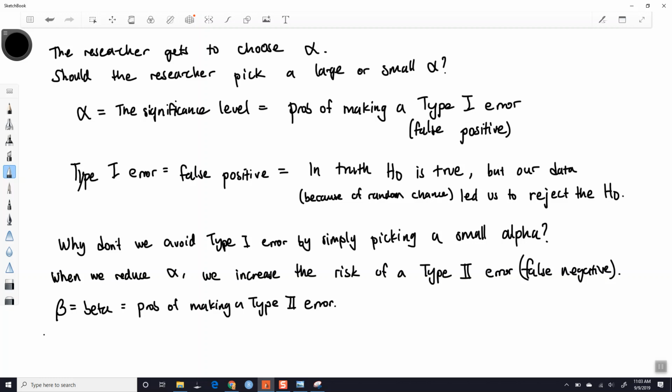So what is a type 2 error? The type 2 error, which is our false negative, is the other kind of mistake. In reality, the null hypothesis is false and should be rejected.